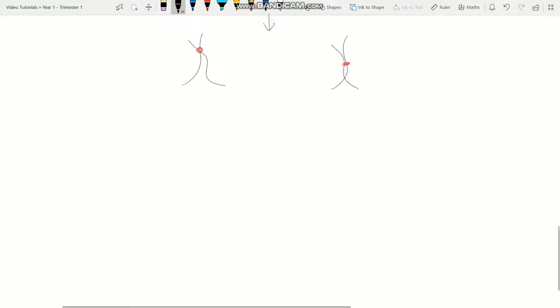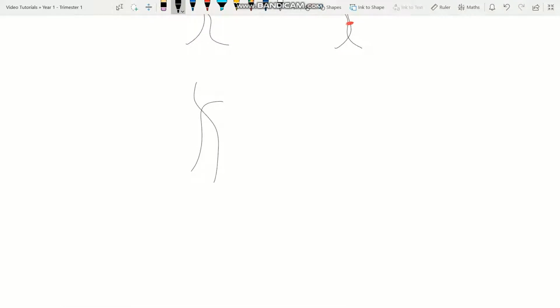So say, for example, we have two chromosomes here, as so. So we can clearly see that this chromosome here is an acrocentric chromosome because its centromere is not in the center of the actual chromosome. However, this one is, I would say, a submetacentric chromosome because it's not quite at the end, however, it's also not in the middle.